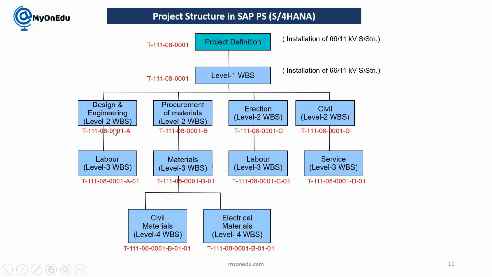To install it, these are some of the activities: design and engineering, procurement of material, erection and civil. Further, labor, material, labor and services, and then further levels of activities. Till what level we can break that particular task, we need to understand. It depends on the reporting or control, till what level they need control.